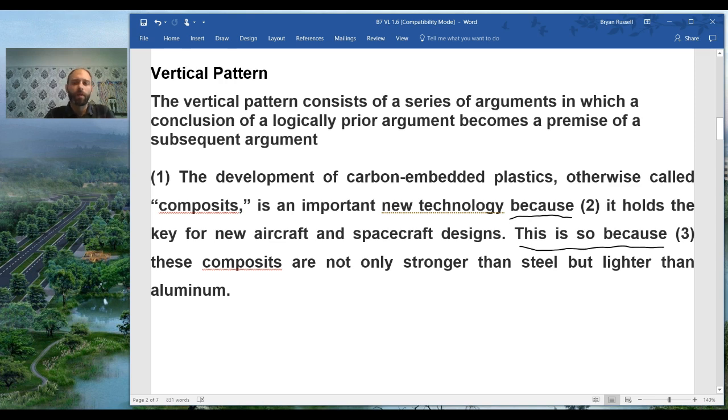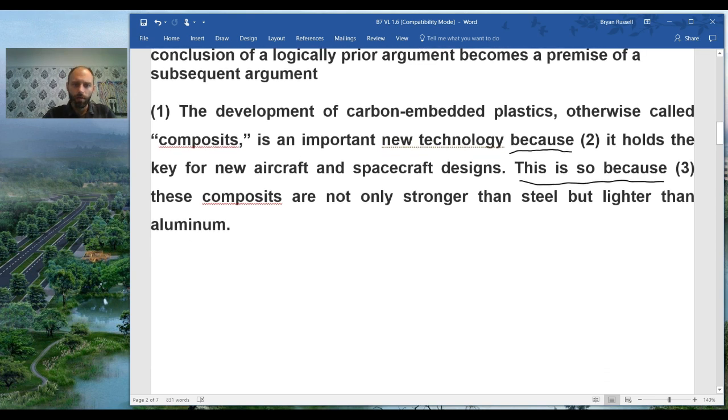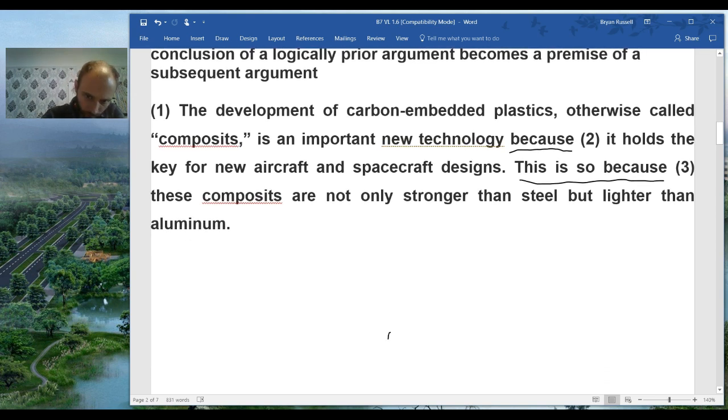So the only statement that isn't preceded by a premise indicator is that first statement, right? So the development of carbon-embedded plastics is an important new technology. And then the passage is going to give us reasons why it's an important new technology. So here the conclusion is 1. We put that at the bottom of our diagram.